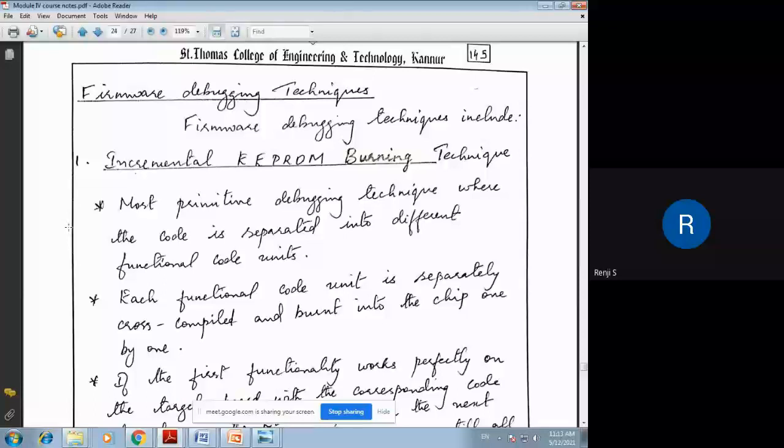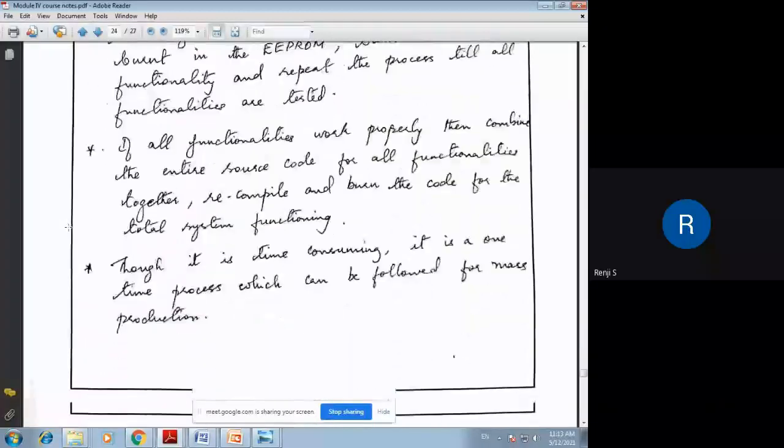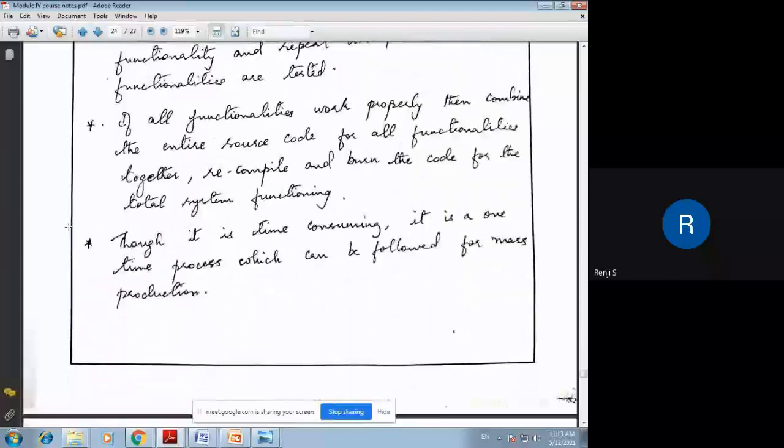Once all the blocks are functioning properly, the entire code will be burned into the EEPROM and tested on the target board. The drawback is that it is a time-consuming process, but once the software is functioning properly, it can be given for mass production.